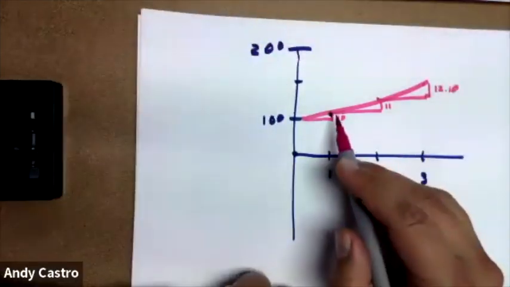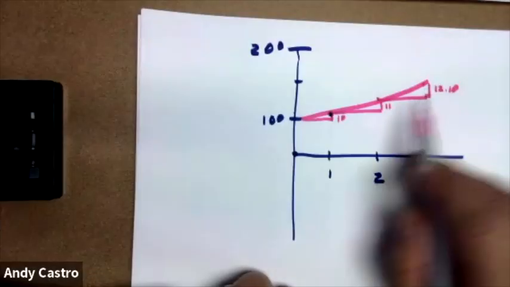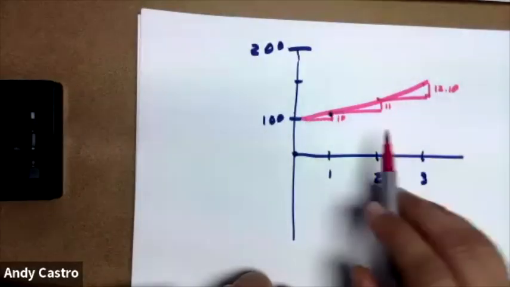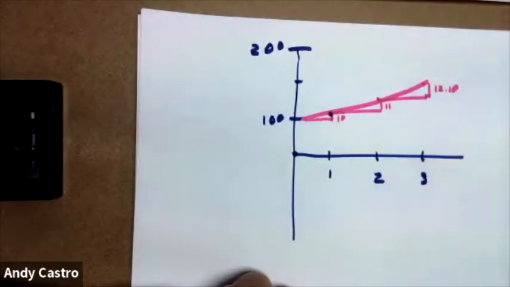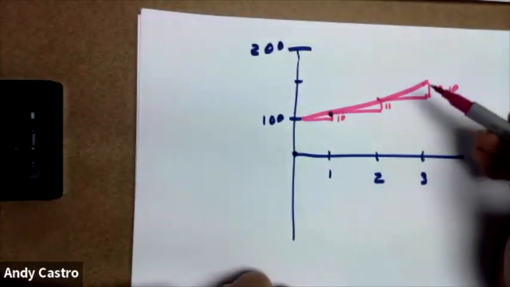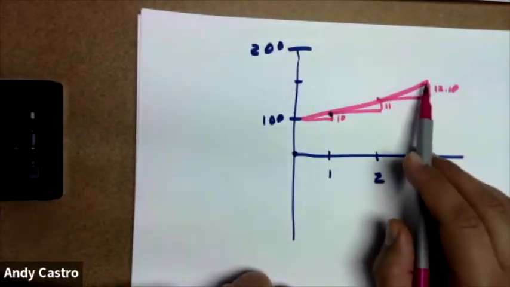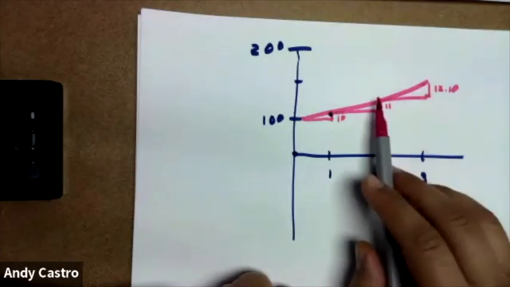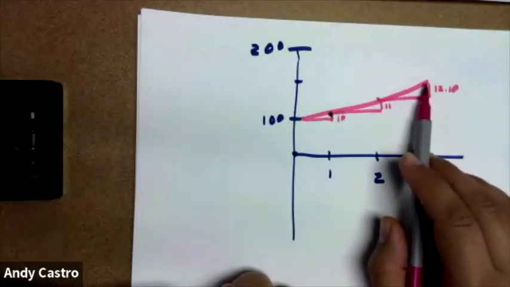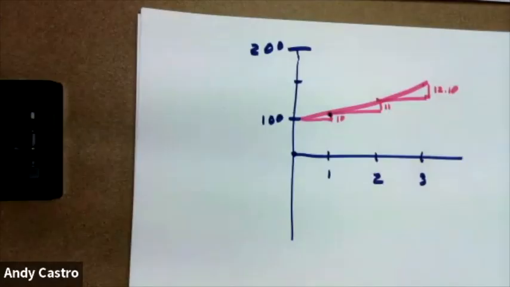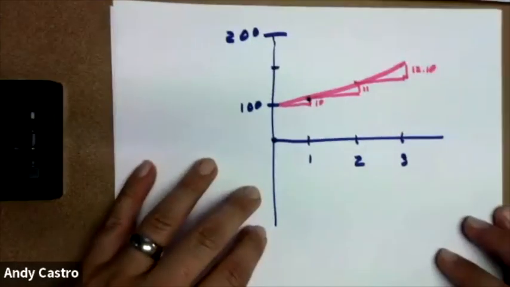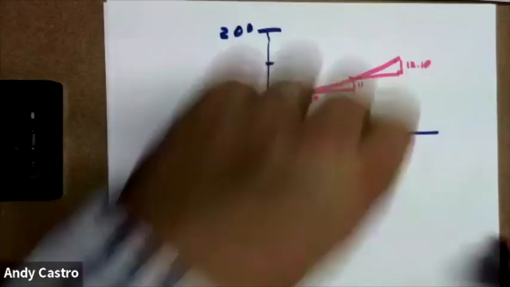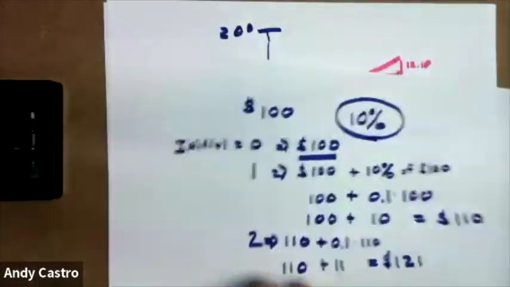So you can see that this is not a straight line. We are getting some curve. And in fact, if we go out there year over year, this distance between what's inside the account at the beginning of the year versus the end of the year is going to get drastically higher and higher. This is one of the reasons why it's such a good idea to invest money early and allow that money to compound over time.